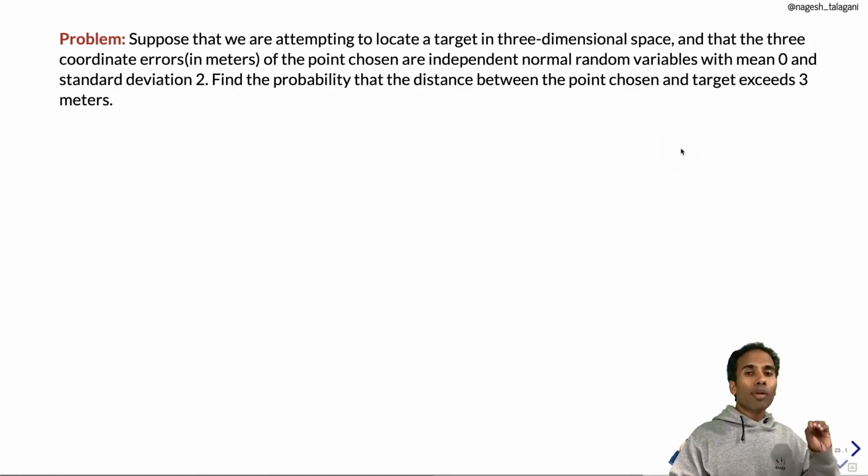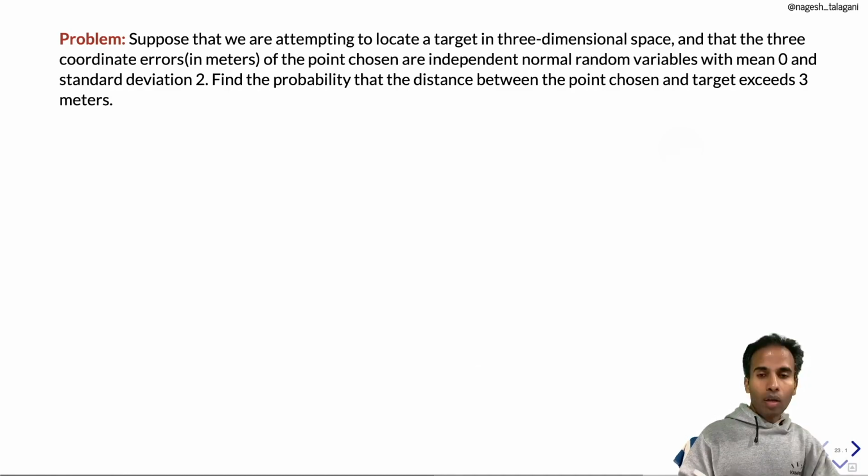Here we are trying to locate a target in three-dimensional space. Let's call it ABC. The errors we make in each direction to locate ABC are normal random variables with mean 0 and standard deviation 2. Here we have to find the probability that the distance between the point chosen and the target exceeds 3 meters.